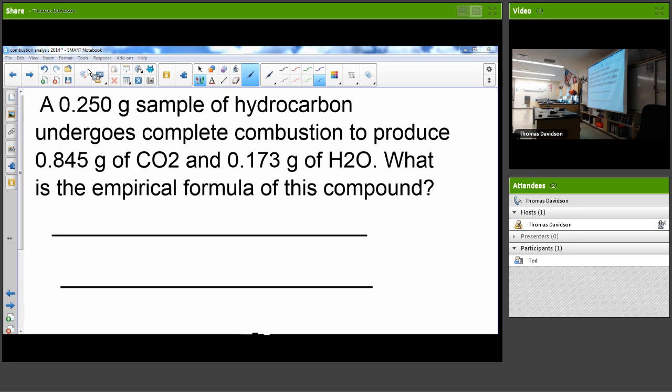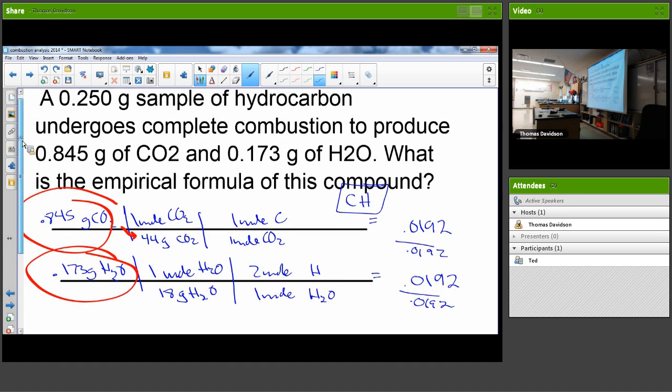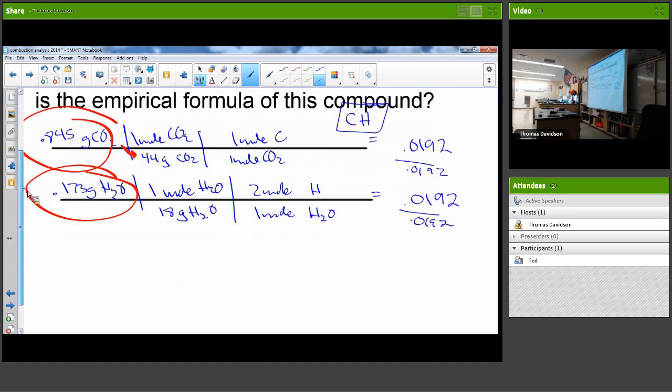So we have 0.845 grams CO2. Actually, I already had this all done, so why don't I just erase it? It was a 1-to-1 ratio. Who didn't trust that? It's completely possible. Now, it probably is not C and H. It's probably C something and H something, but what do we know about the two somethings?